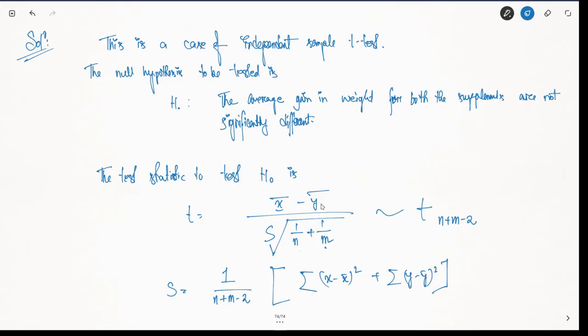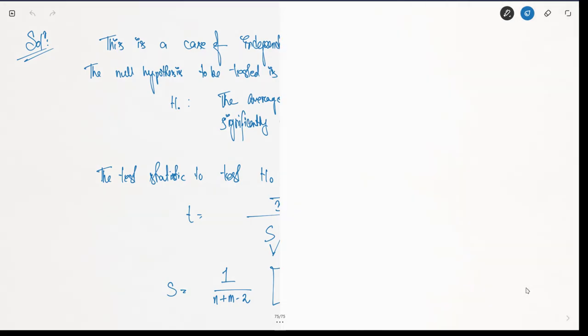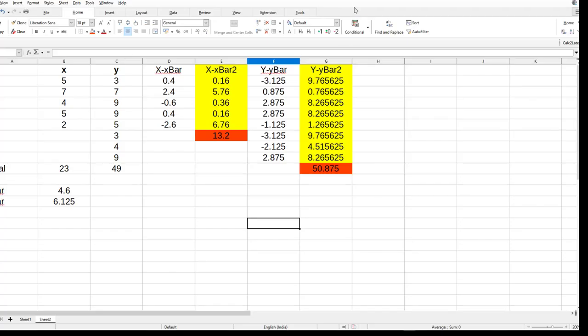So let me go back to my calculations and write down here. x bar is equal to, I guess, the x bar was 4.6.